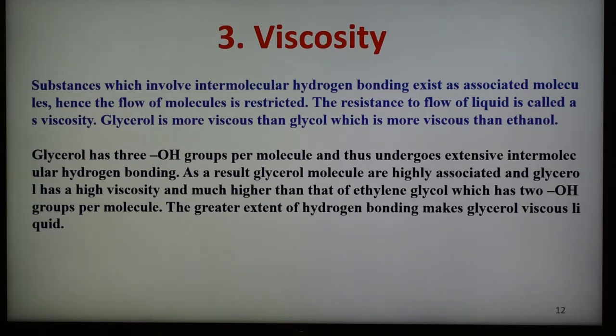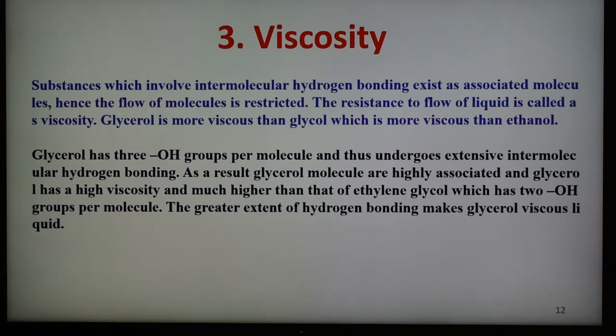So glycerol is more viscous than glycol, and glycol is more viscous than ethanol. This example is shown here in case of viscosity. Compounds which form hydrogen bonds are more viscous, and compounds which do not form hydrogen bonds are less viscous or have no viscosity.